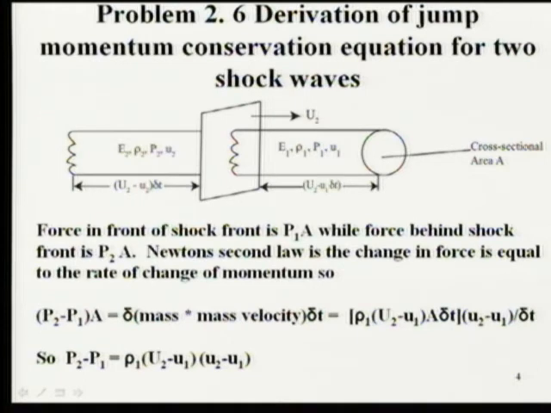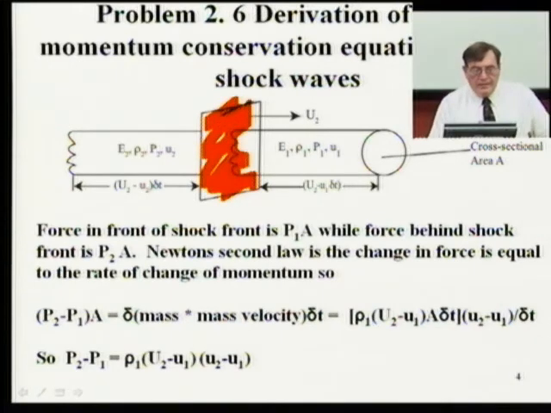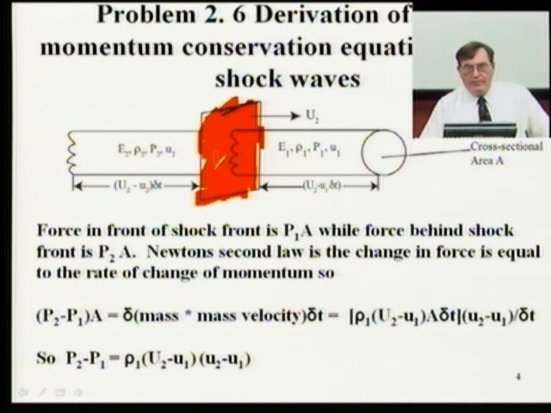So the change across the shock front is what we're going to talk about, or another way, better way to say it is that the shock front does work. Remember, work is energy, and it's force times distance is the definition of work.